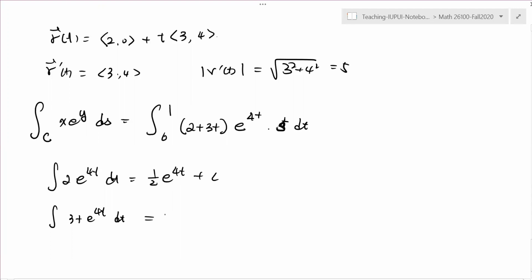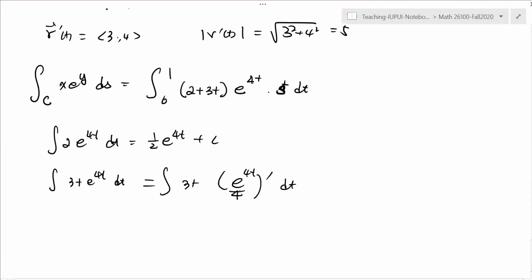Okay, so how can I do? Well, it's 3t, then I have to express it as a derivative, right? Then that'll be 3t times e to the 4t, and switch the order, right? And that is going to be e to the 4t, and it differentiates 3t to get 3.